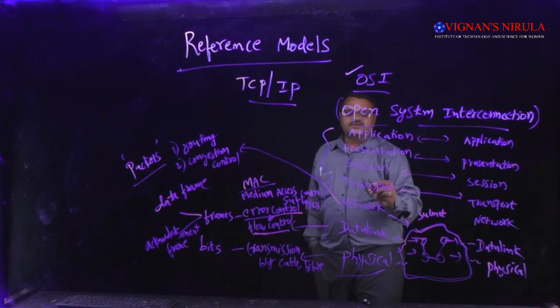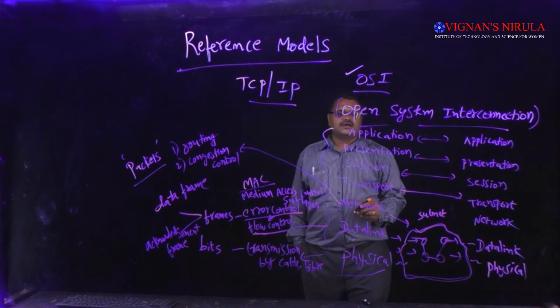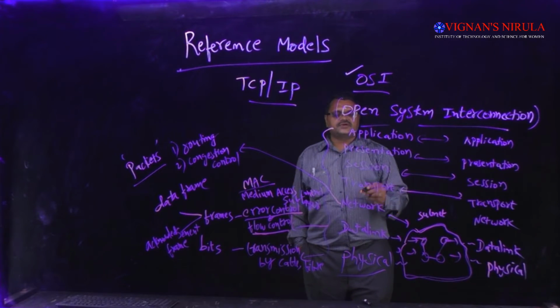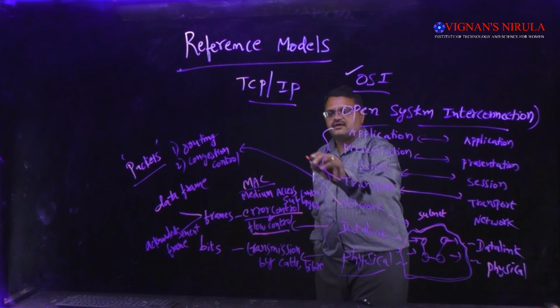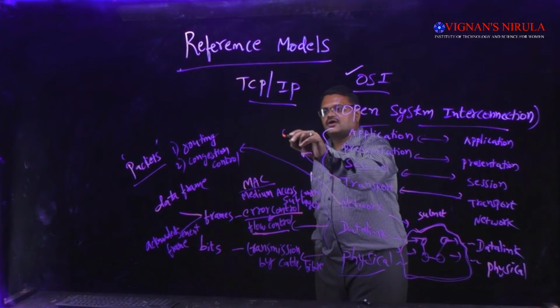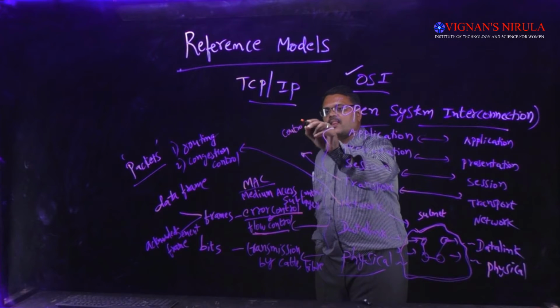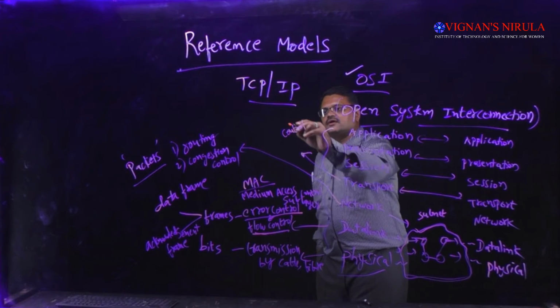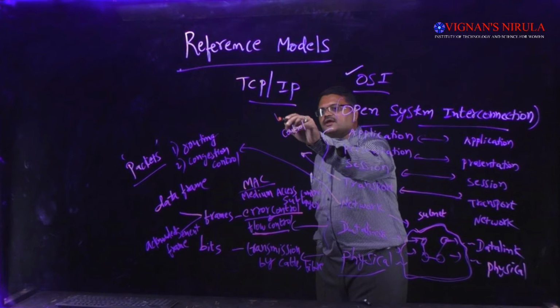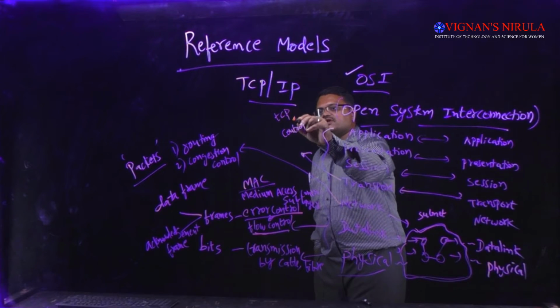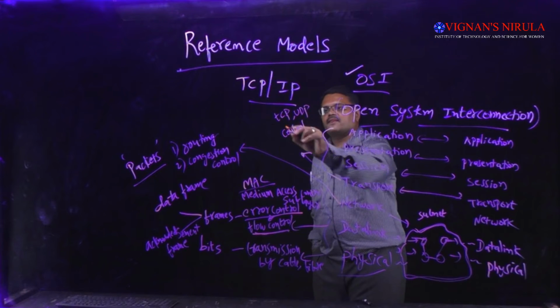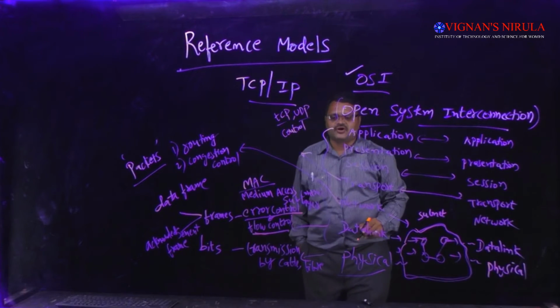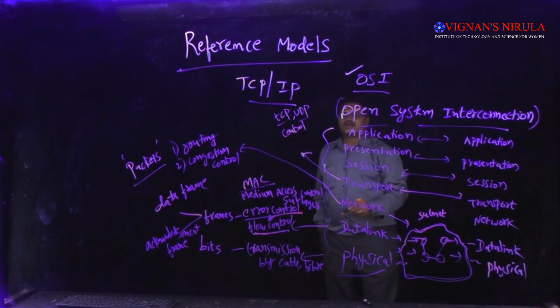And the purpose of the transport layer is to ensure control. In the transport layer, what we study is two protocols: TCP and UDP.